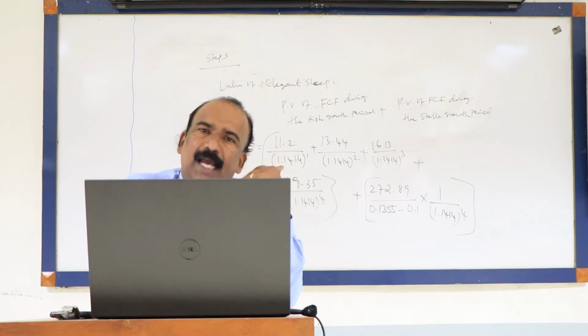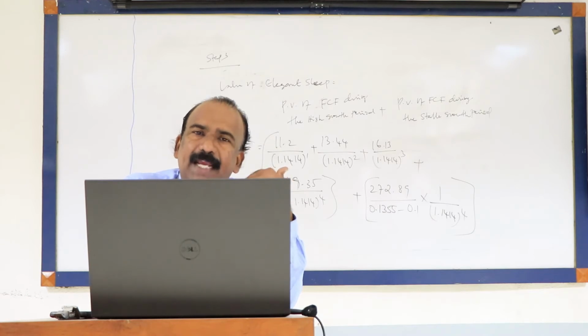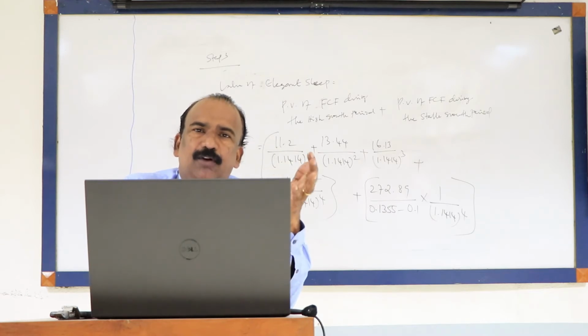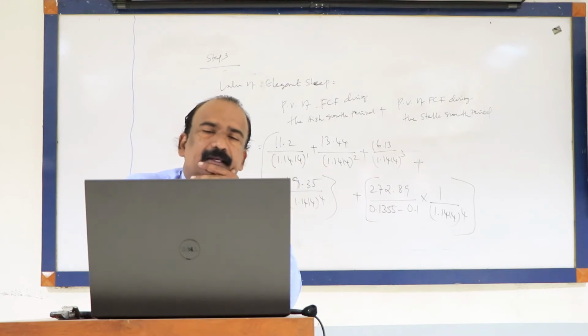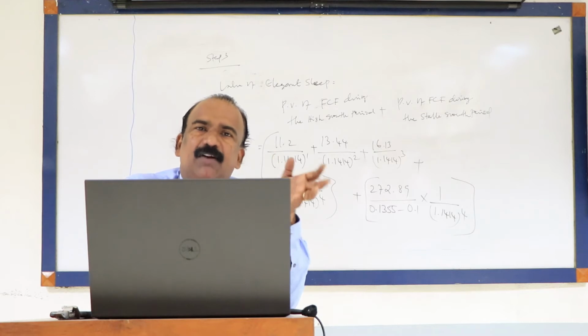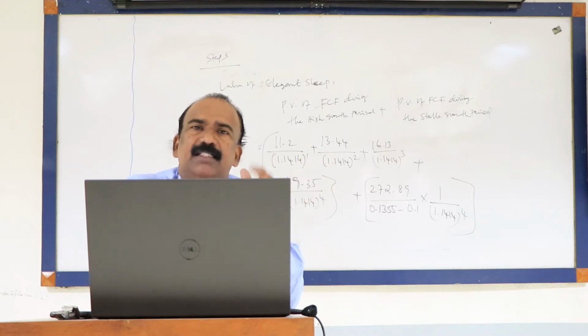The first phase is called the high growth phase. During the high growth phase, the future cash flow we computed in the first step is divided by 1 plus R, that is 1.1414, for all the 4 years. If it is for 5 years, calculate for 5 years; if it is for 6 years, calculate for 6 years. So it depends on the case.